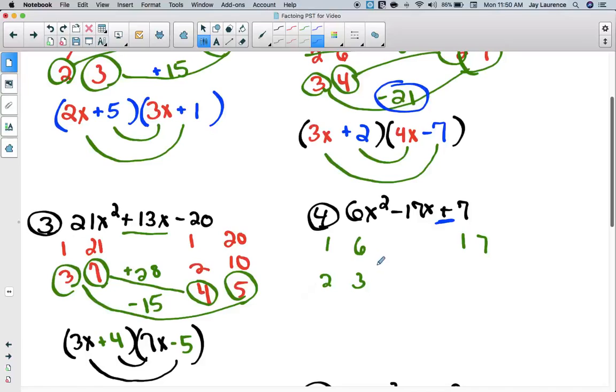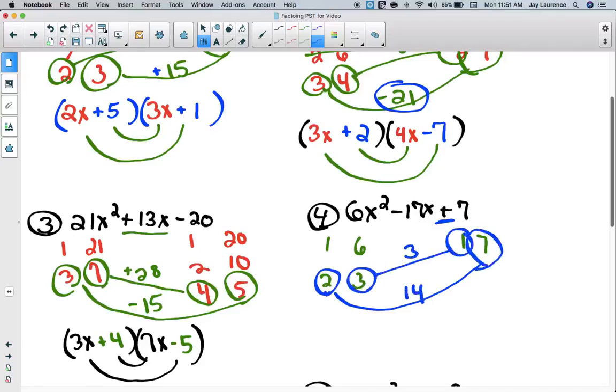Let's see here. Okay, 2 times 7 is 14, and 3 times 1 is 3. Now, how am I going to add these and get negative 17? I can add them and get positive 17. Well, what if they were both negative? Yep.